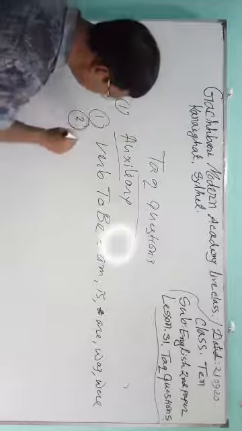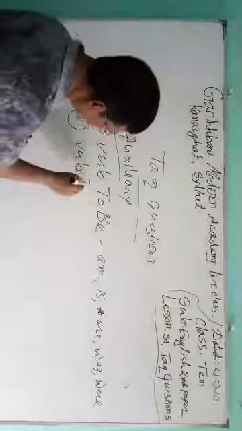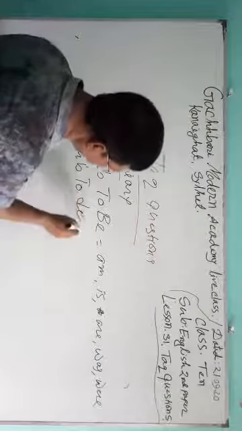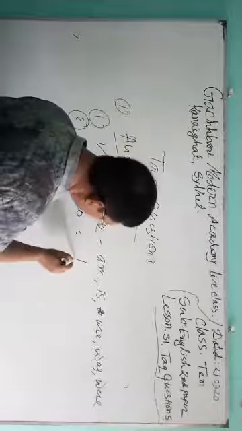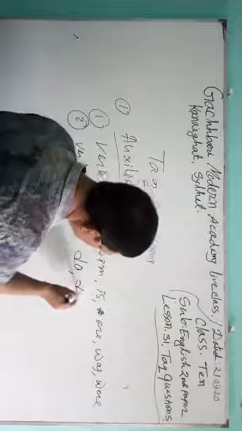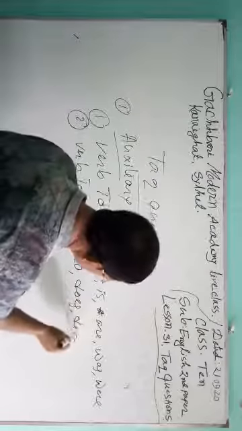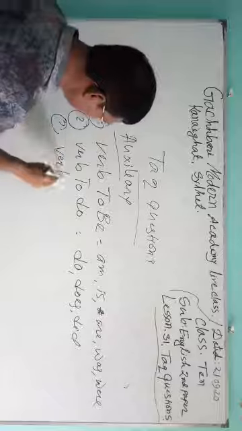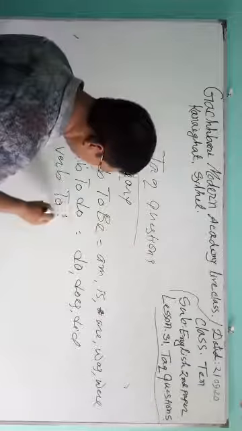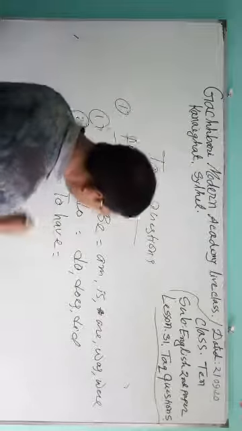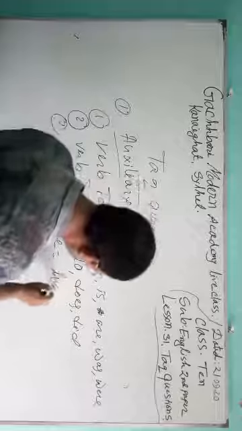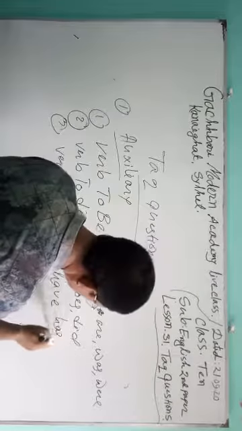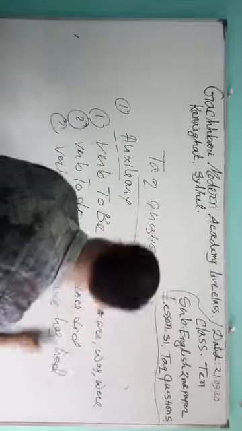Number 2, verb to do: do, does, and did. Number 3, verb to have: have, has, had.